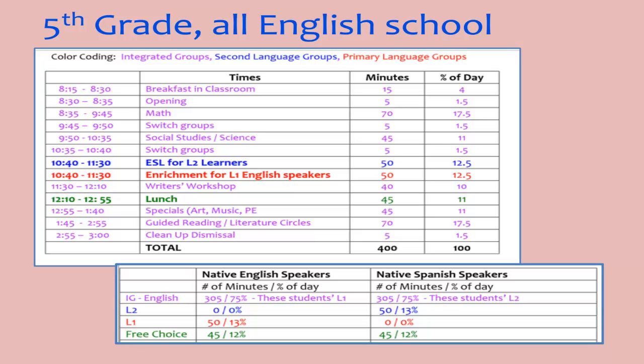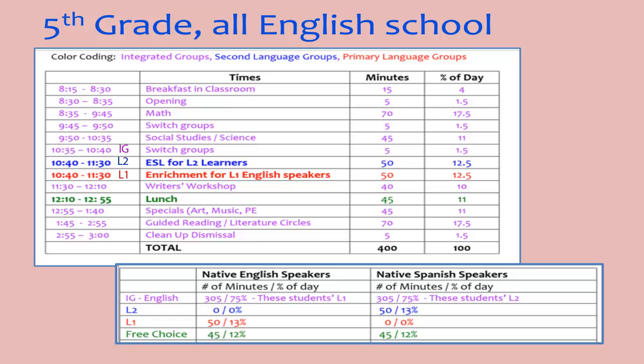This is a schedule from a 5th grade classroom in a multilingual school where all instruction is in English. The schedule is highlighted in different colors to distinguish how and when the 3 groupings occur. The L1 or primary language is indicated in red, L2 or second language in blue, and the integrated group in purple.